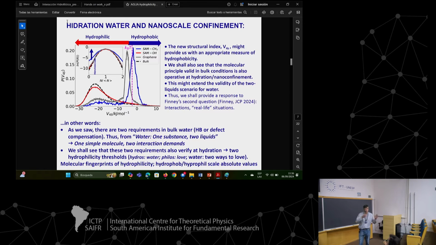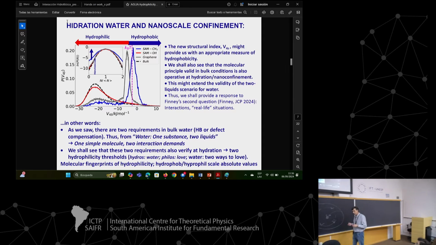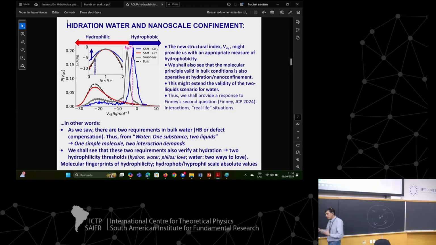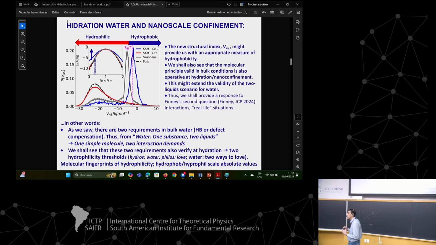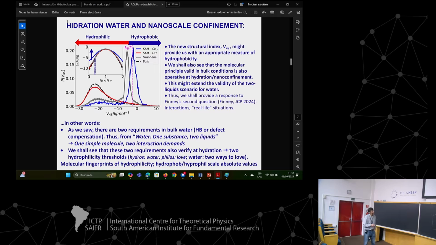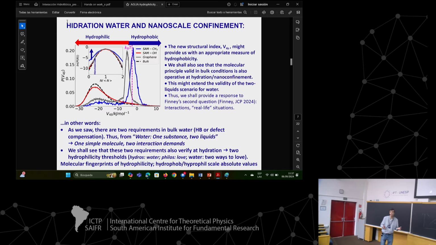The idea is that these 2 requirements translate themselves into 2 different hydrophilic limits, or 2 wetting behaviors. And that's what we are going to see from now on. The idea is to try to search for fingerprints of hydrophilicity.